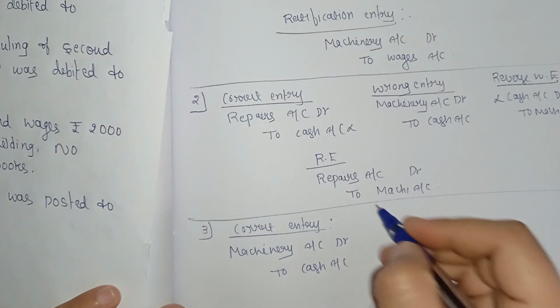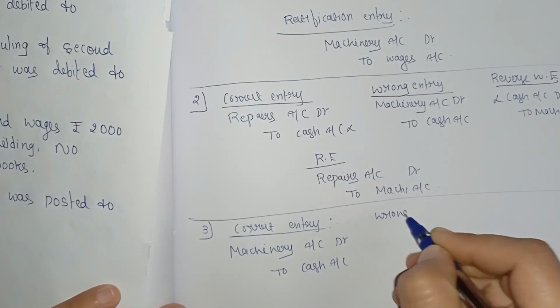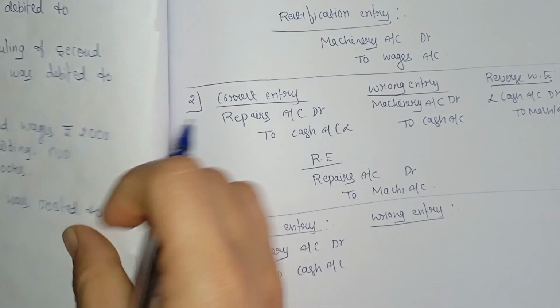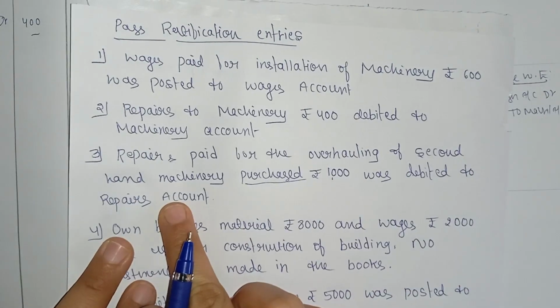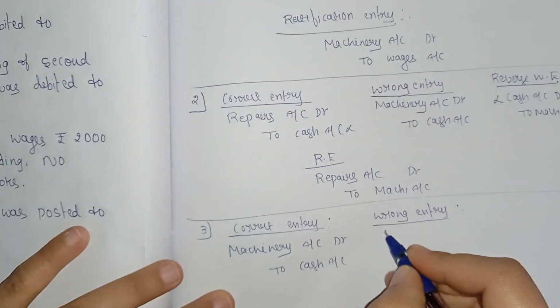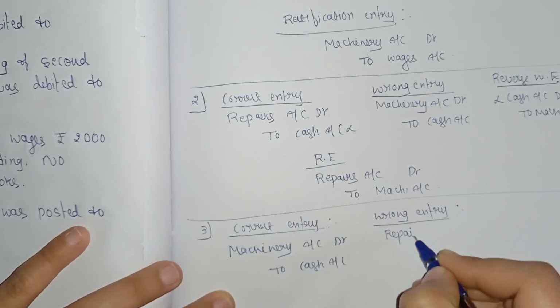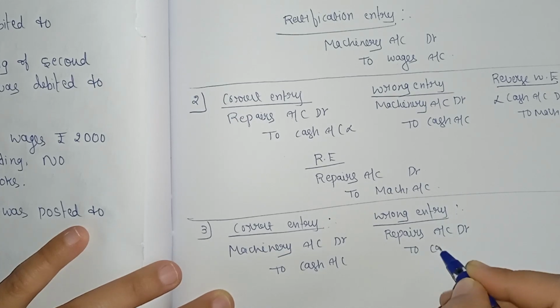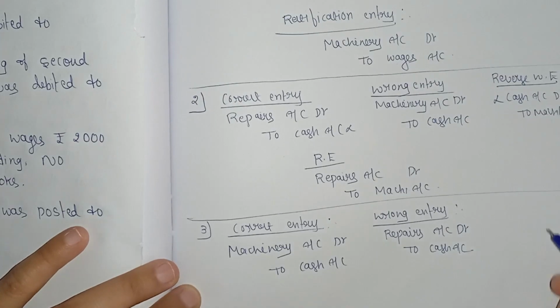Next, what is the wrong entry here? The wrong entry is that they debited the repairs account, means we have to debit the repairs account. In the wrong entry, debit repairs account and credit cash account. Now what is the next step?